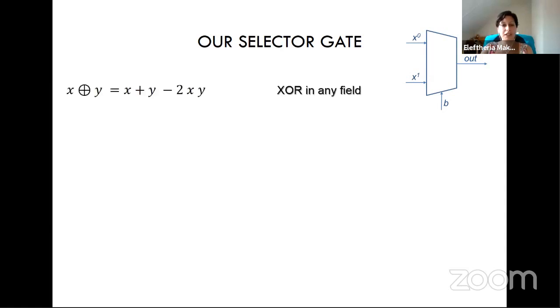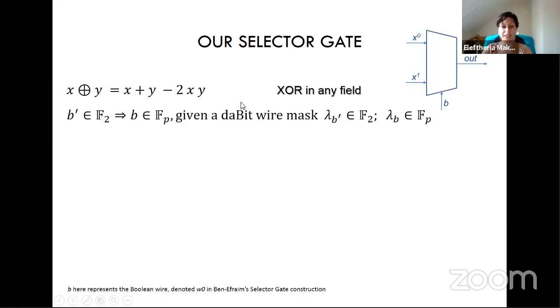We are based on the simple observation that you can denote XOR essentially in any field by this equation, x plus y minus 2 times x times y. And by exploiting this property, we can do the projection directly. First of all, we need what Ben Ephraim calls multi-field shared bits for the permutation elements.